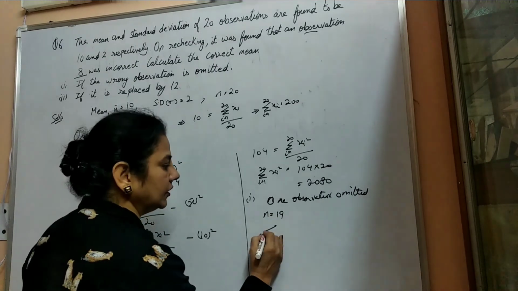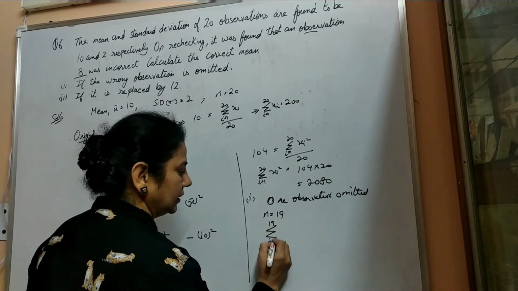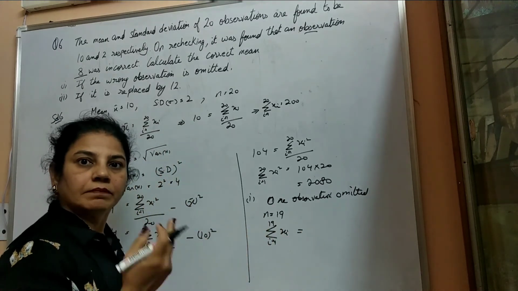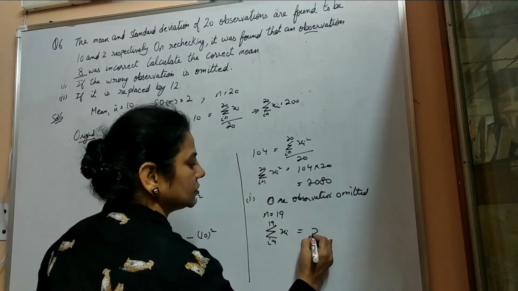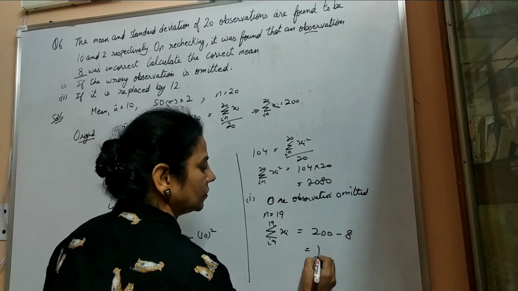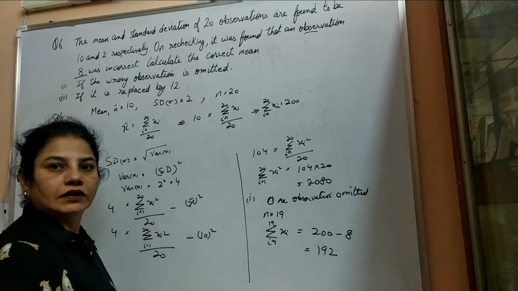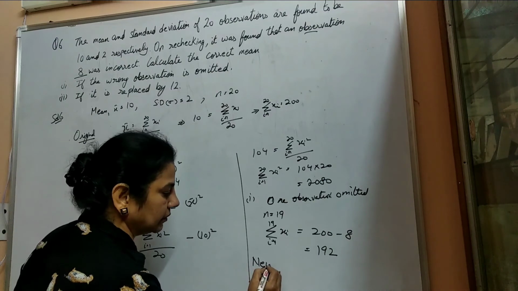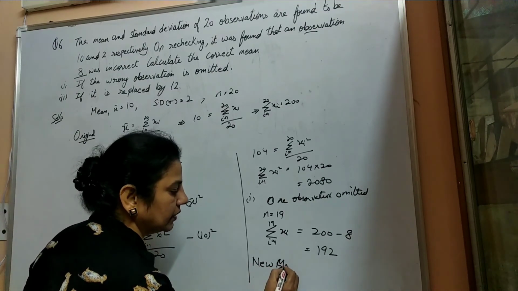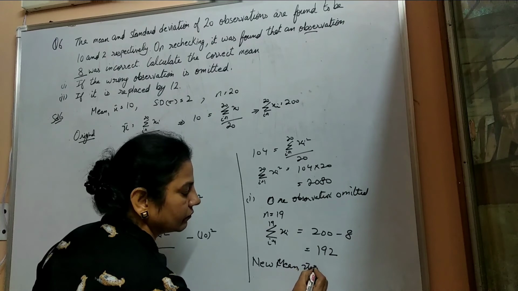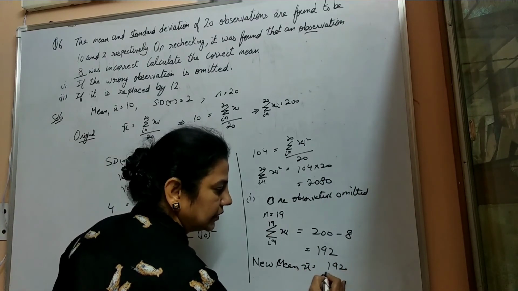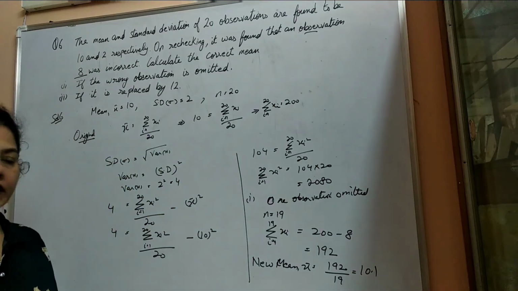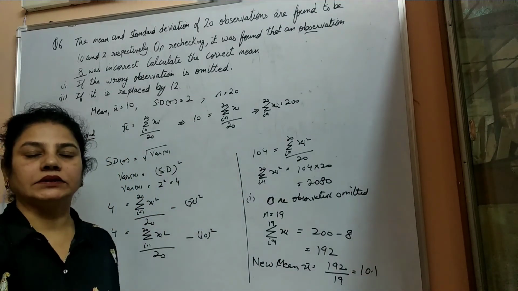Sum of 19 observations will be sum of 20 observations minus 8. That means 200 minus 8, which is equal to 192. 192 is the sum of 19 observations. So the new or correct mean will be sum of 19 observations divided by 19, which comes out to be 10.1. So we have correct mean is 10.1. This is how we have to calculate.